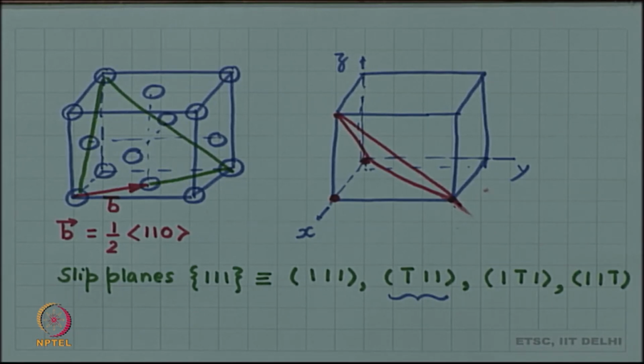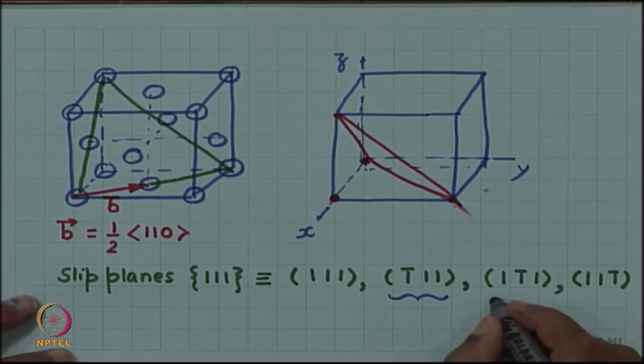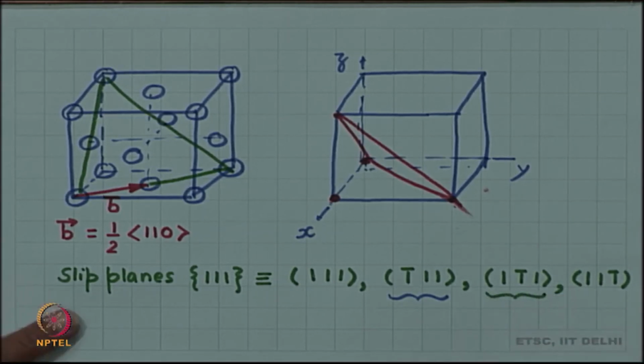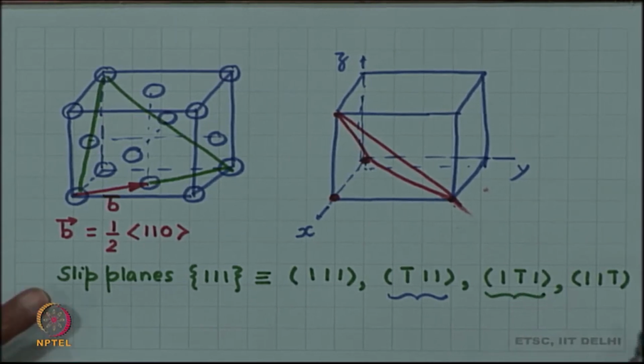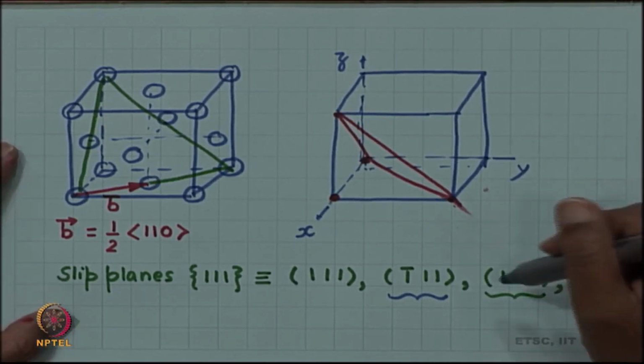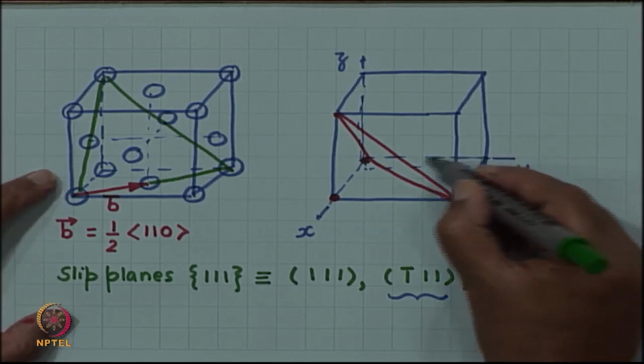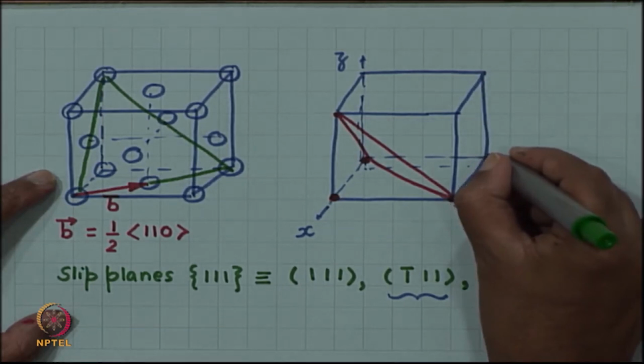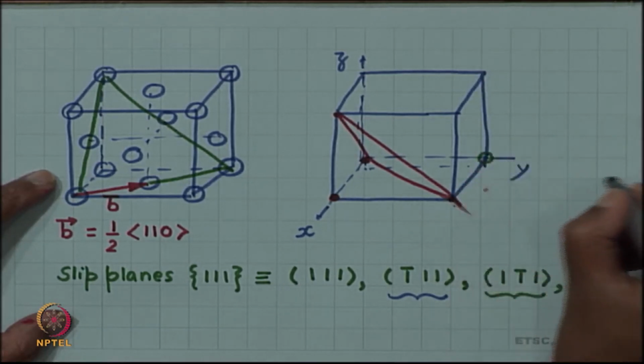Now, let me draw another plane which is 1 bar 1 1. For 1 bar 1 1 I need to go negative in the y, but positive in x and z. So, this will be a suitable choice of origin for that.